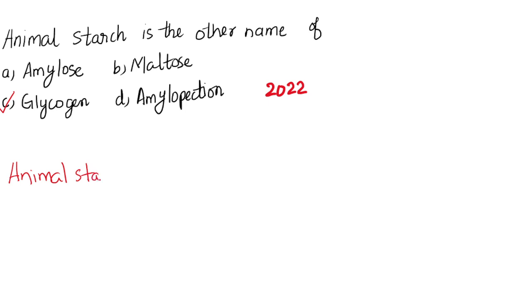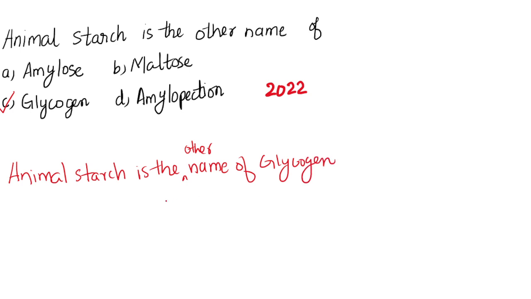You just simply write a sentence: animal starch is the other name of glycogen. Just simply write this concept in your notebook to learn.